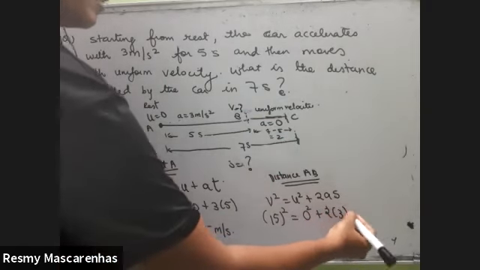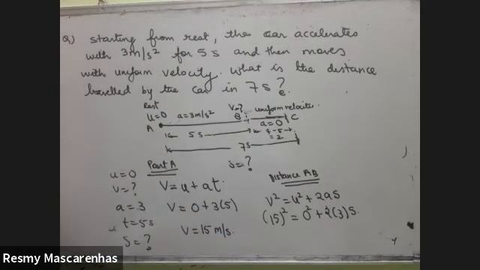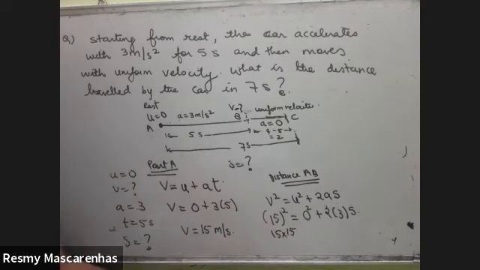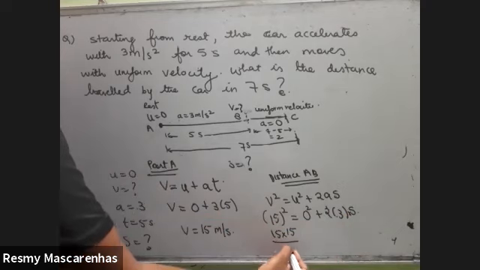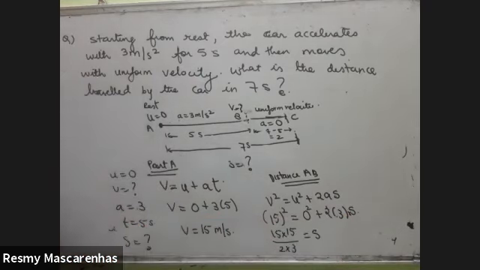Acceleration is 3, and distance we have to calculate. So 15 into 15 is equal to 2 times 3 times s, and this will come down here. You can write it as 6 also.